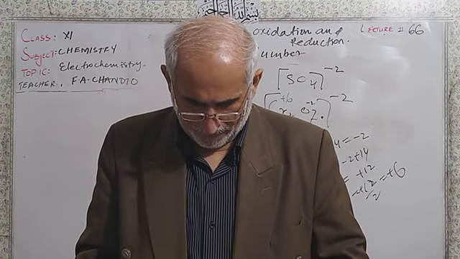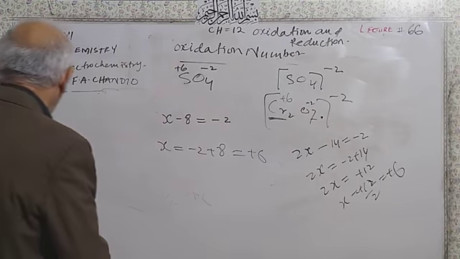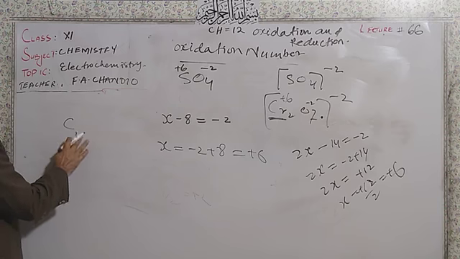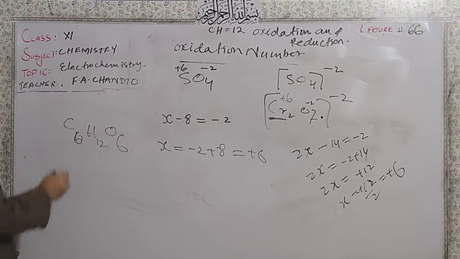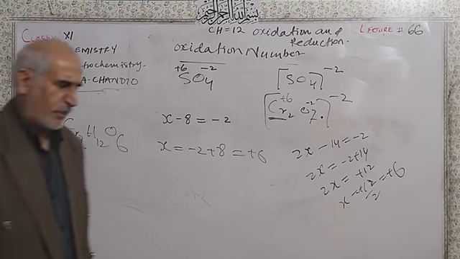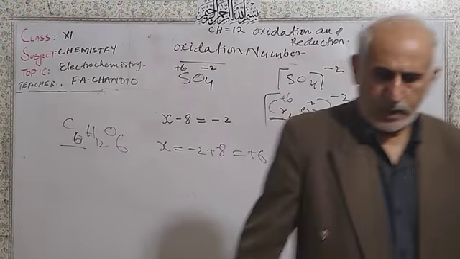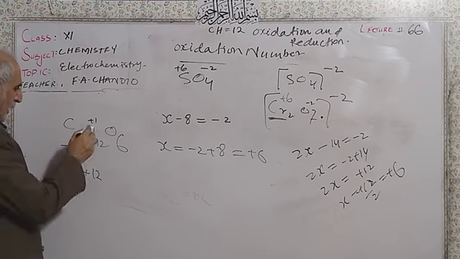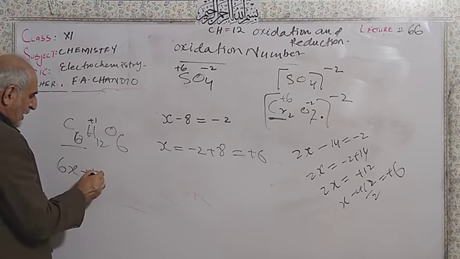Also there is one thing here, if the examiner asks you C6H12O6, calculate oxidation number of carbon. So this is 6x and plus hydrogen is plus 1 multiplied by 12, plus 12, and oxygen is minus 2 multiplied by 6, minus 12.